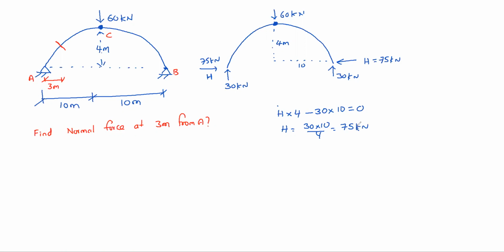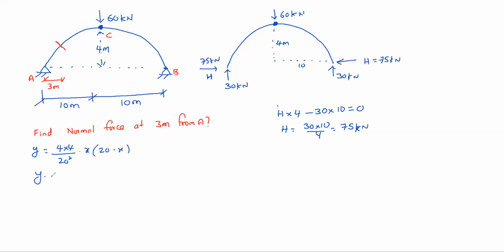The thrust will be acting on that. Now we need to find the normal force at 3 meters. So the equation is like this: y equal to 4h by L square, 4 into h by L square, 20 square, x into L minus x, 20 minus x.